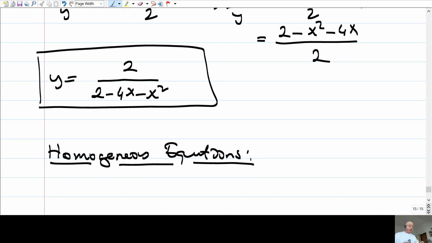Now I will show you another type of equation, and for this type of equations we will need another method, and we will see later different kinds of equations, and we will see that each type of equation needs its special kinds of solutions.